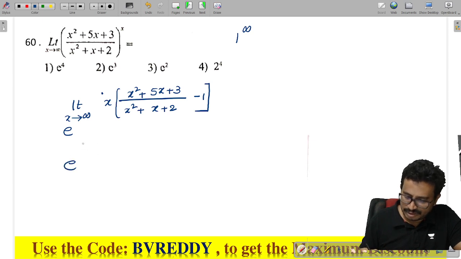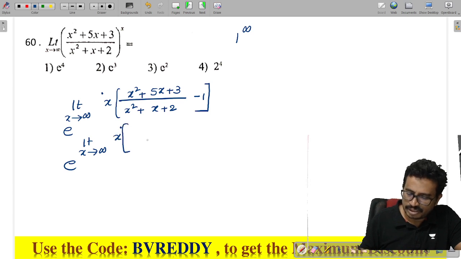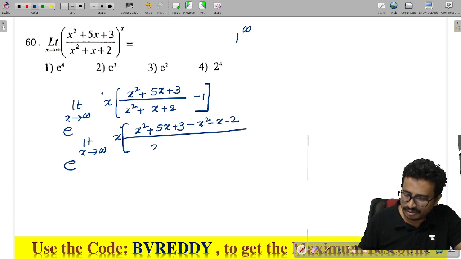Now this is limit x tends to infinity, x into, tell me, x square plus 5x plus 3 minus x square minus x minus 2 by x square plus x plus 2.